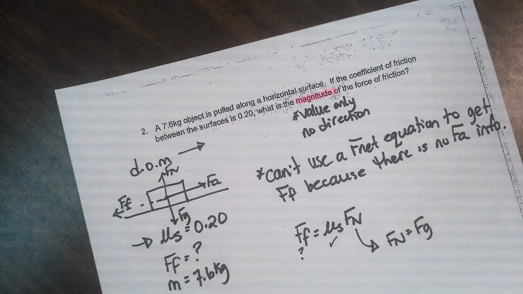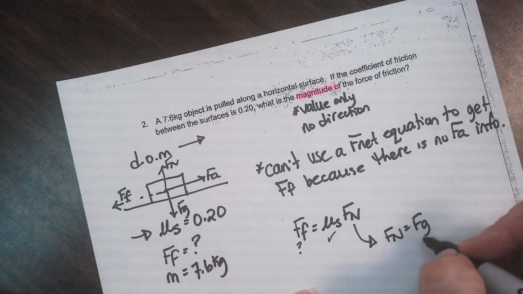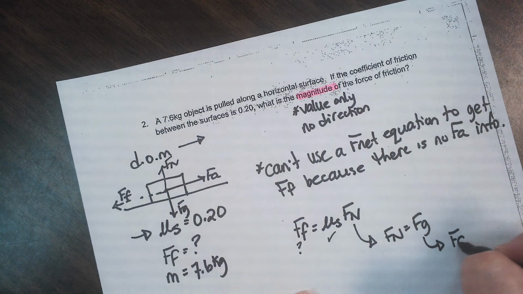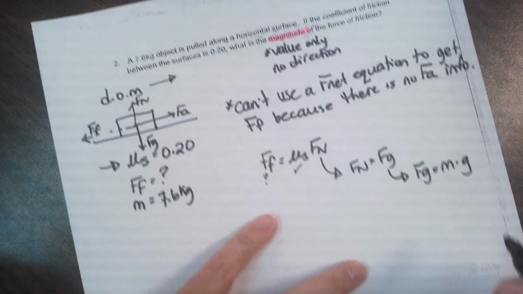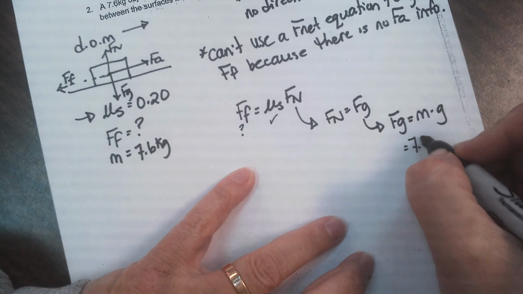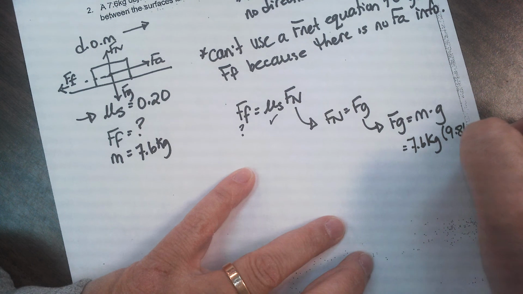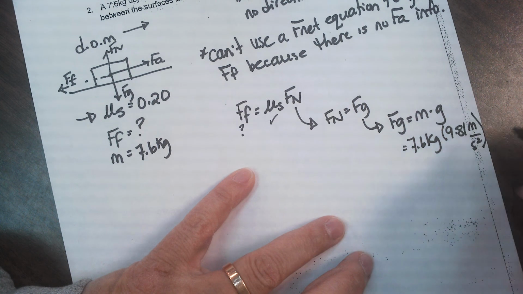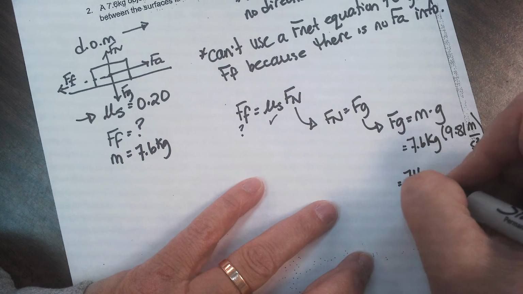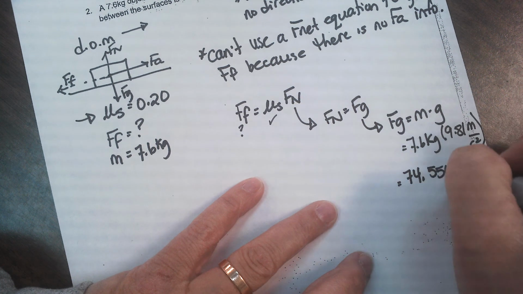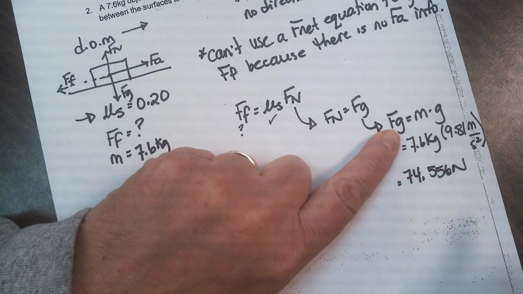There's a balanced force at play there. And so how do we solve force of gravity? Mass times acceleration due to gravity. And so we're going to go 7.6 kilograms multiplied by 9.81 meters per second squared. And we are going to get a value of 74.556 newtons, which means that that's what our force of gravity is.